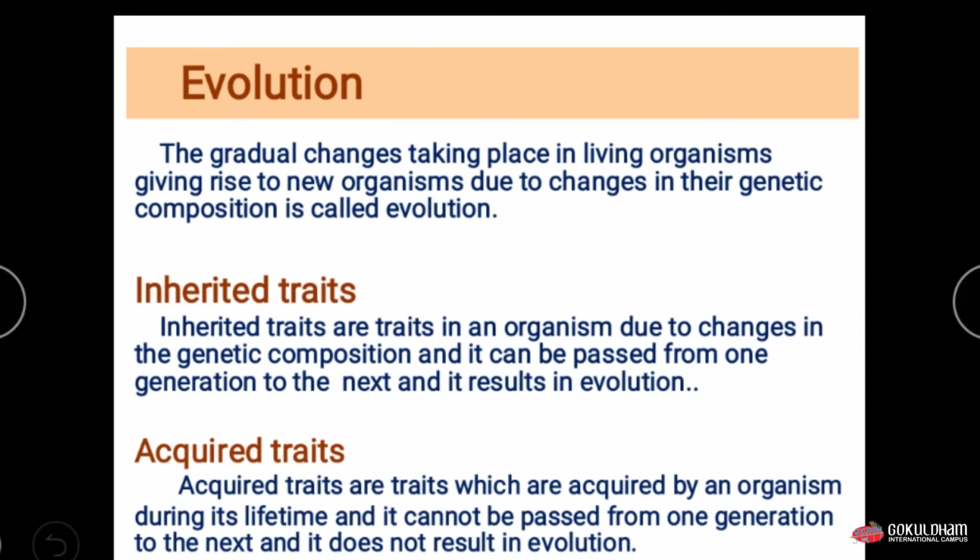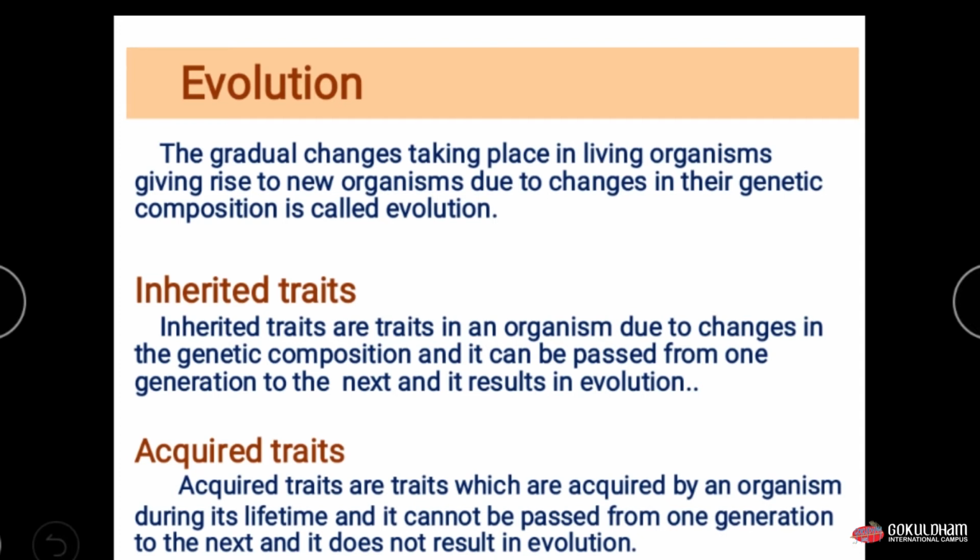Inherited characters or inherited traits means those traits which are inherited from parents to their offspring. And acquired characters means those characters which are acquired by the particular individual and will not pass from the parents to the offspring. So let us see one by one.